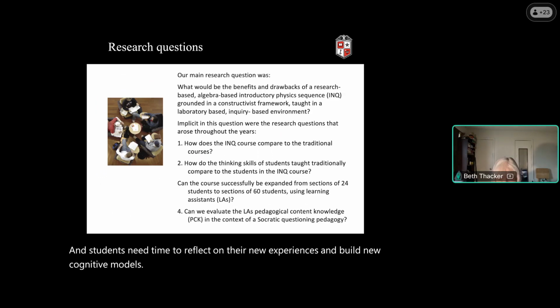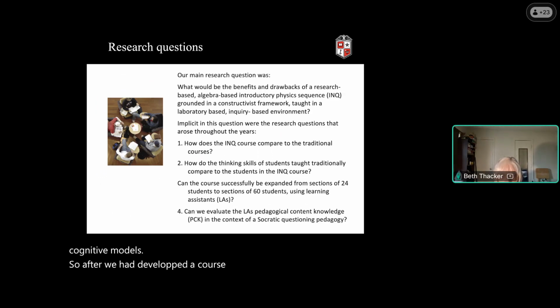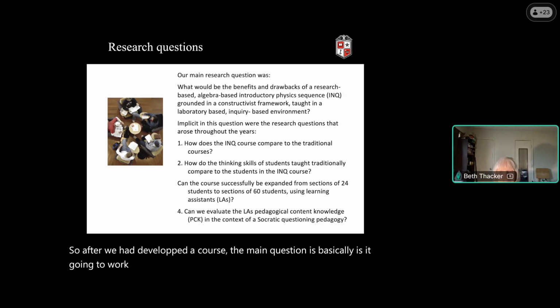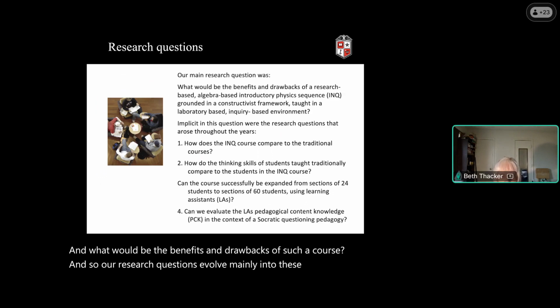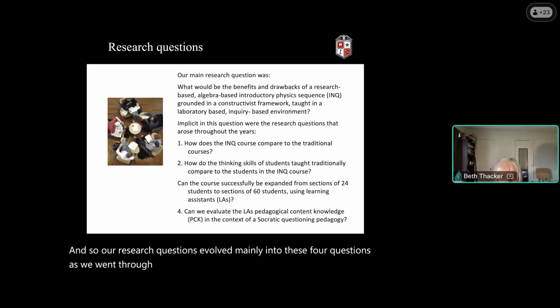After we had developed a course, the main question is basically, is it going to work? And what would be the benefits and drawbacks of such a course? And so our research questions evolved mainly into these 4 questions as we went through the years. How does the inquiry course compare to the traditional courses?